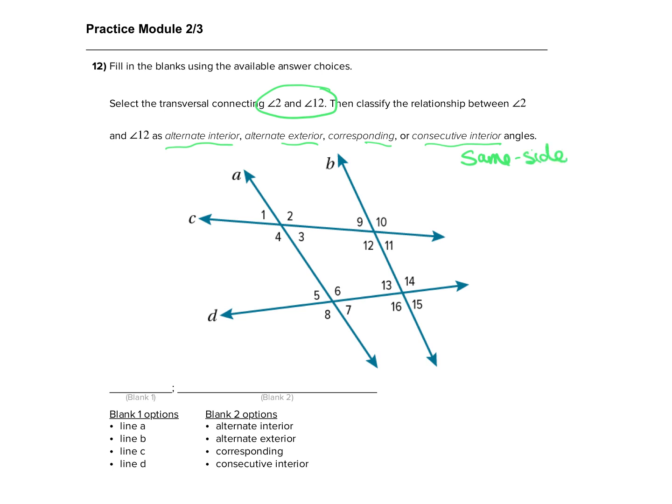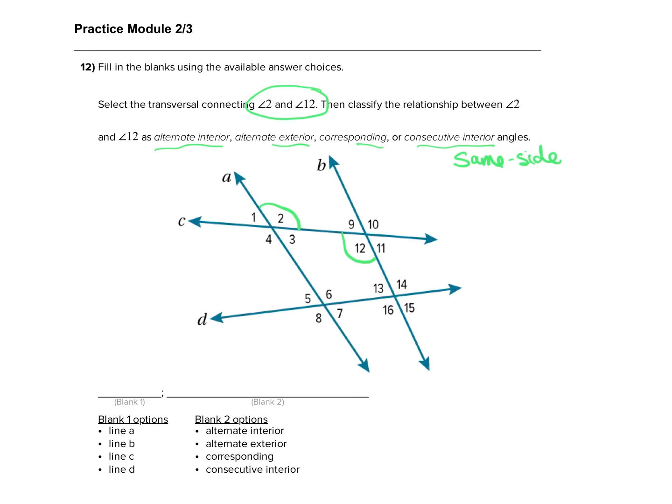Okay, so 2 and 12. Angle 2 is here and angle 12 is here. I wish I could spin the image around because it might help. But you'll notice those 2 angles are both on line C. So that line C is the transversal.